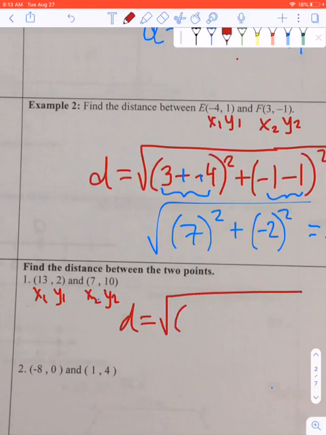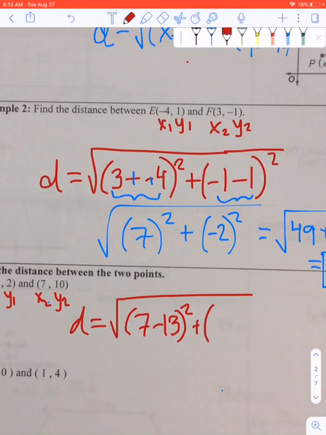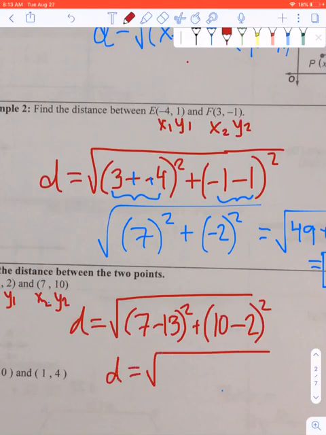We have x2 minus x1, so 7 minus 13 squared, plus y2 minus y1, so 10 minus 2 squared. Again, same order of operations. I need to do the parentheses first, so I'm going to do that subtraction of 7 minus 13 to get negative 6 squared. And then we have 10 minus 2, that's 8 squared.